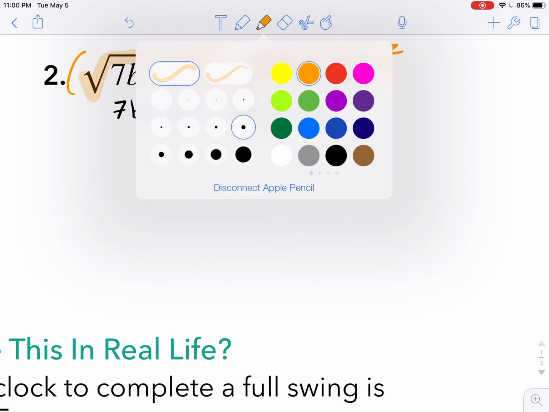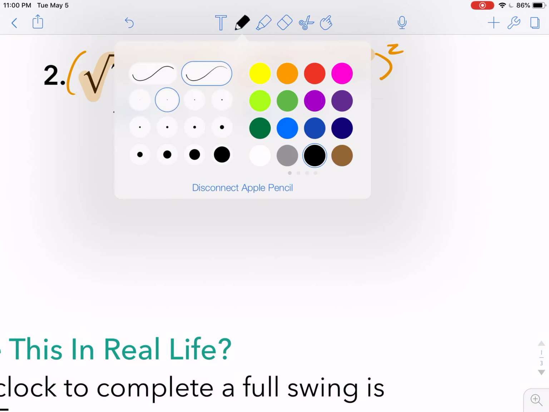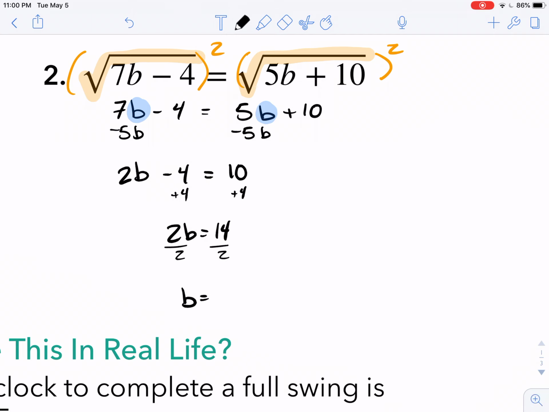We're trying to get b all by itself, so let's get all of our b's on the same side. We'll subtract 5b from both sides, leaving us with 2b minus 4 equals 10. Add 4 to both sides, so 2b equals 14, and dividing by 2 gives us b equals 7.